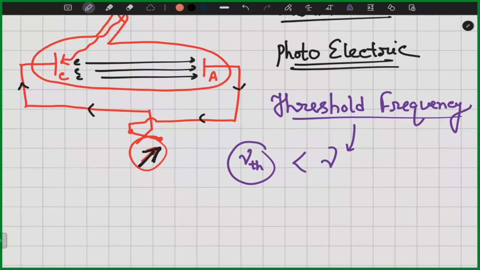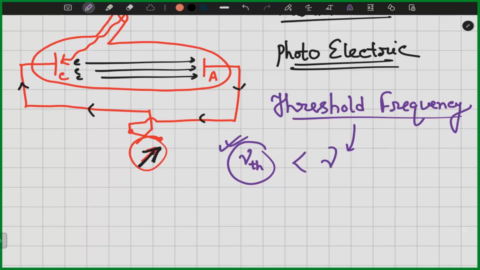Otherwise, if it is less than the threshold frequency, there is no photoelectric effect, no flow of electric current, and no deflection in the voltmeter or ammeter. This is the minimum frequency required for the photoelectric effect. It is different for different metals, that means it is a characteristic of the metal.